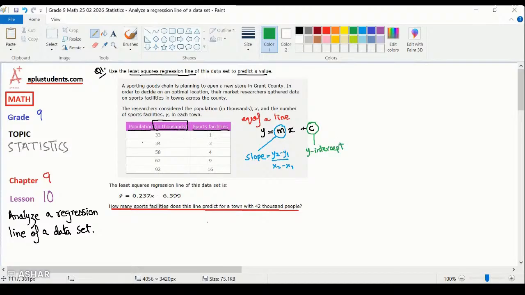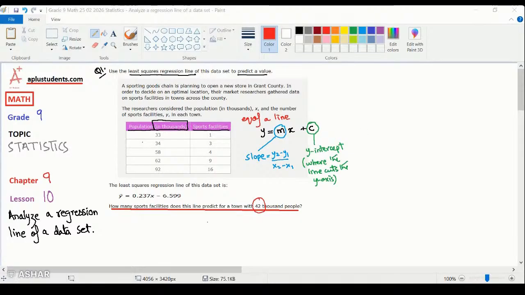That means where the line will cut or intersect the y-axis, the horizontal axis, okay? So we need to find how many sports facilities does this line predict for a town for 42,000 people, okay?